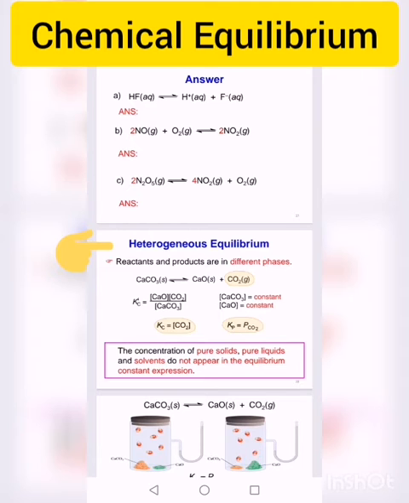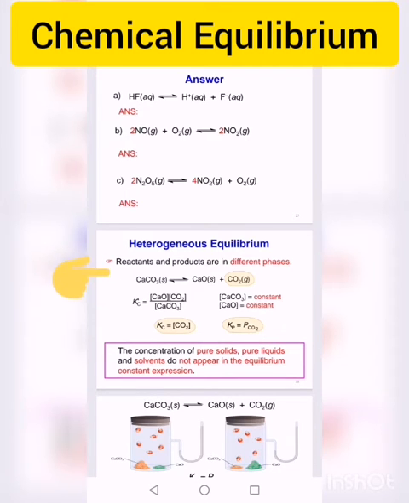Basically, if you consider the Kc expression, we have CO2 times CaO divided by CaCO3.